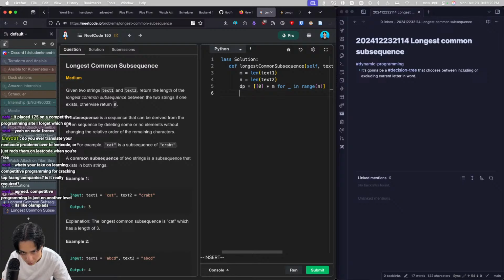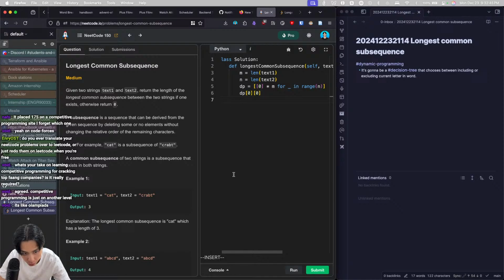Okay. Alright, so DP. Okay, let's think. So what does it mean, right? One of these cells, say DP[0][0], represents, given the string.